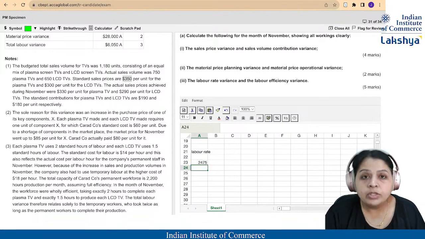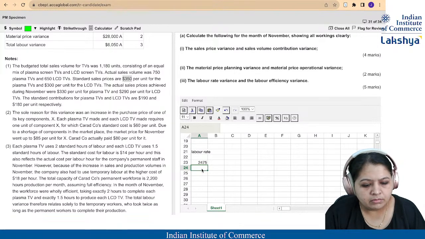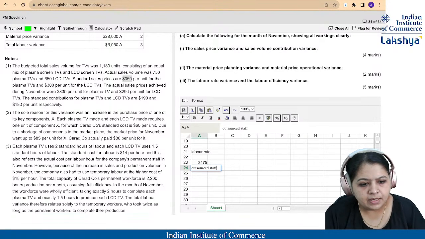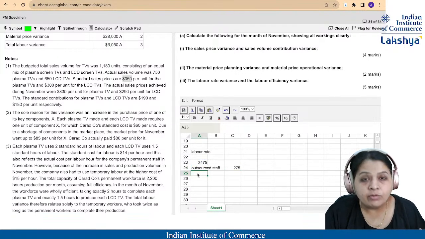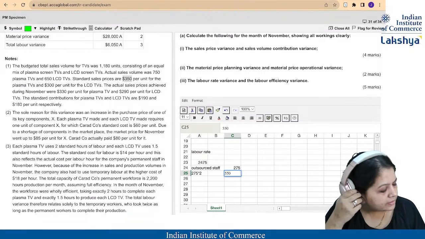This is the total hours, out of which the company has a permanent staff of 2,200, right? So if I want to find the outsourced staff hours, that is equal to this value minus 2,200. But this outsourced staff is taking twice the time, right? So 275 into 2 comes to 550 hours utilized.